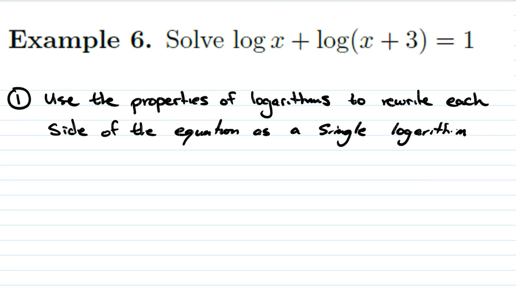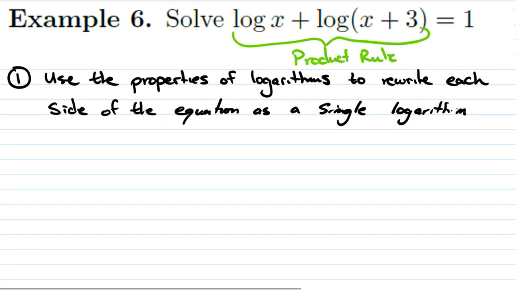So on the left side right here, we're going to need to use the product rule. So that gives us 1 logarithm. So the logarithm of x times x plus 3 is equal to 1.